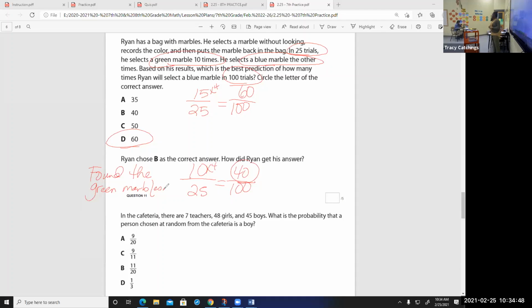All right. In the cafeteria, there are 7 teachers, 48 girls, and 45 boys. What is the probability that a person chosen at random from the cafeteria is a boy? How many boys do we have? How many total people are in that cafeteria? All right, simplify 45 out of 100.